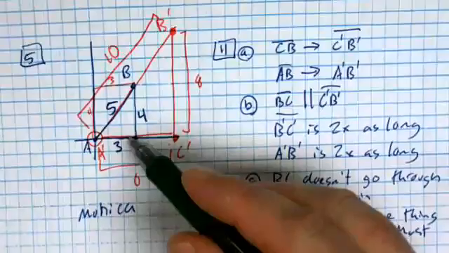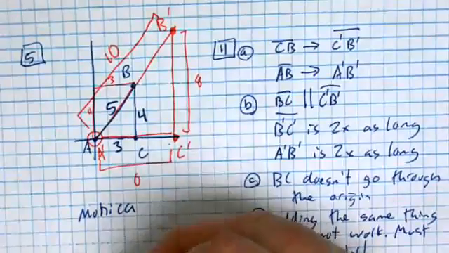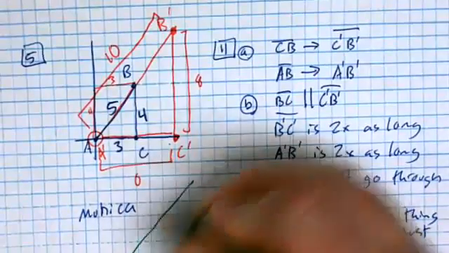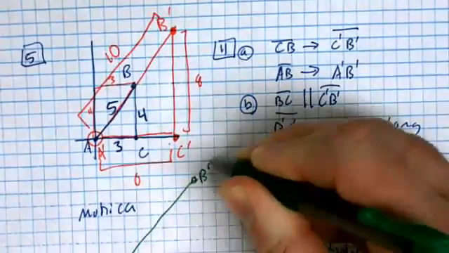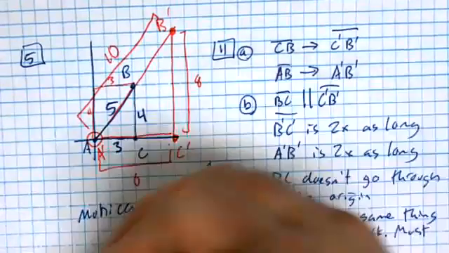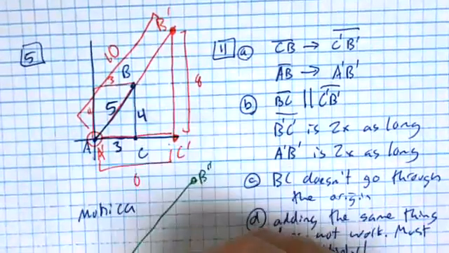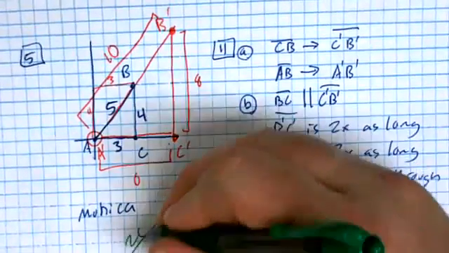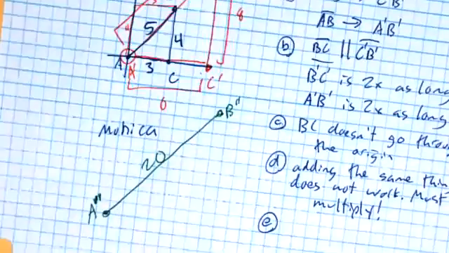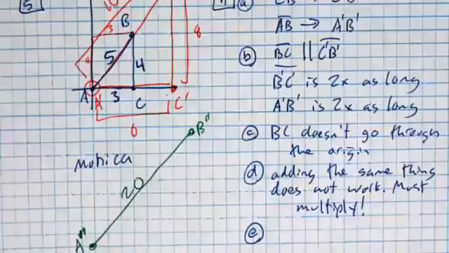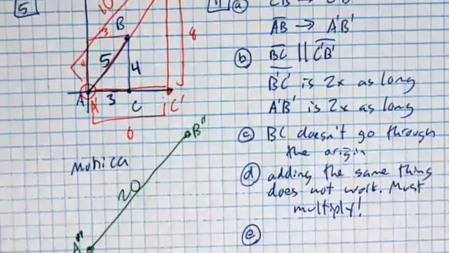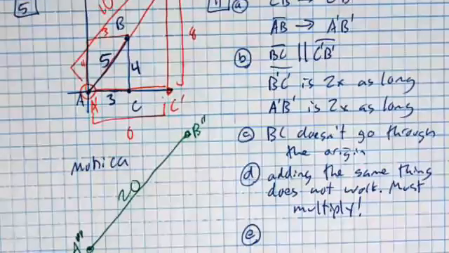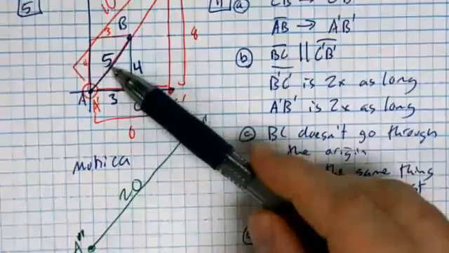So the blue was the original, the red was the one that we made. She made a new one where A double prime, B double prime was 20 units long. Ours was only 10 units long, hers was 20 units long. And the original was 5 units long.